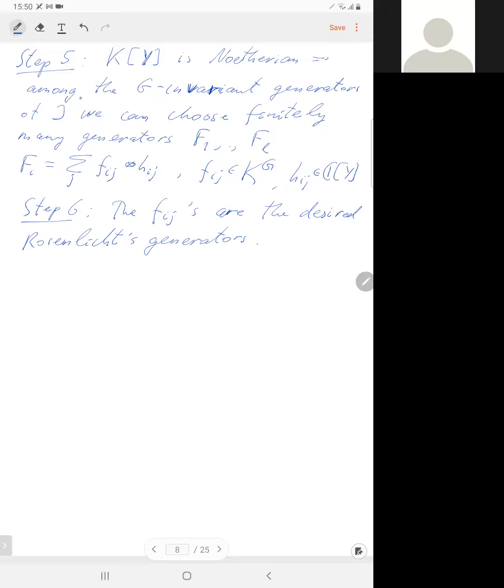Indeed, we can shrink Y so that all these F_ij's are now regular. Okay, so we replace Y by a smaller open subset.